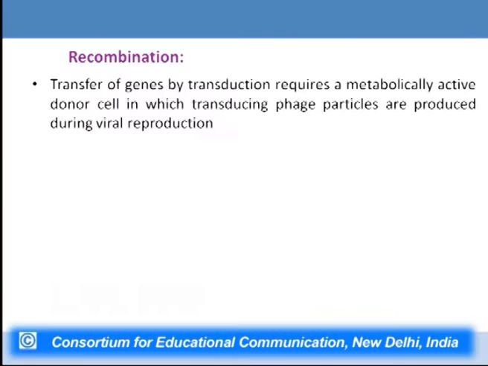Now, the third important mechanism by which genetic recombination occurs is transduction. The transfer of genes by transduction requires a metabolically active donor cell in which transducing phage particles are produced during viral reproduction.